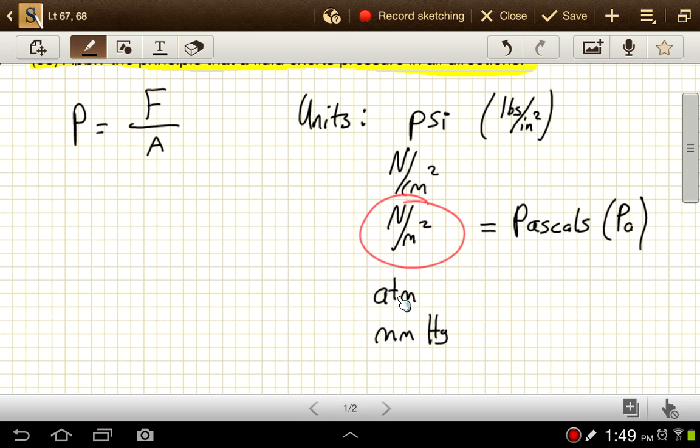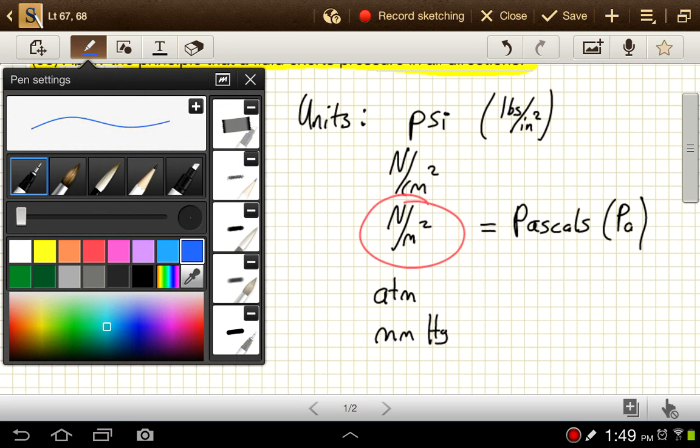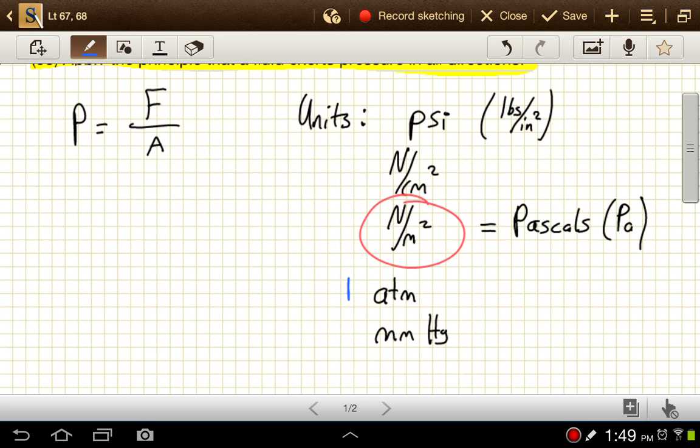So in ATMs, that would just be 1 atmosphere. In newtons per square meter, that would be 101,000. So you can see that pascals, or newtons per square meter, those are really small units. And then in PSI, that'd be about 14.7 PSI. Those are the common ones that you'd probably want to know for this.